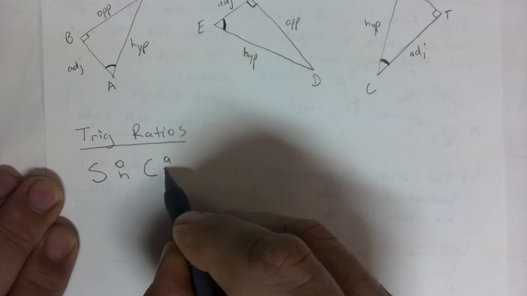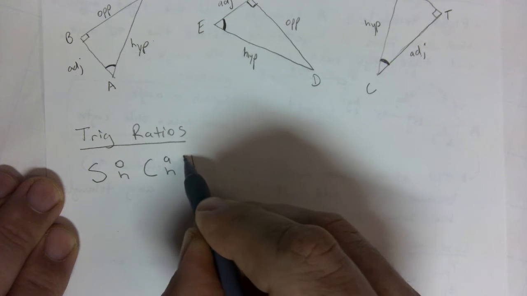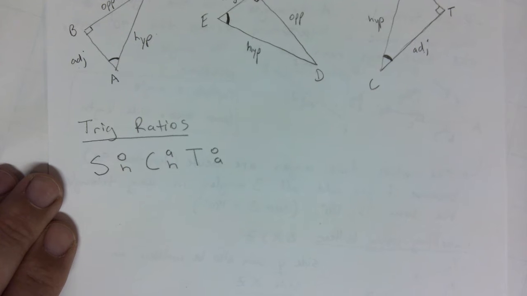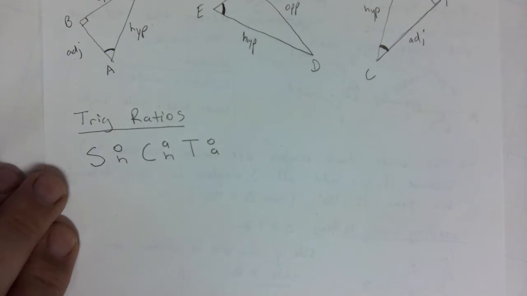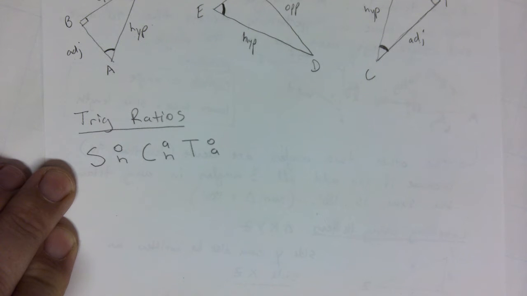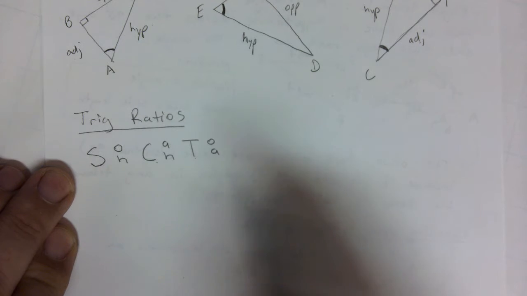SOHCAHTOA. That's what we're going to use. And you're like, what? What is that? This is an acronym that we use to make it easier to remember the three trig ratios.